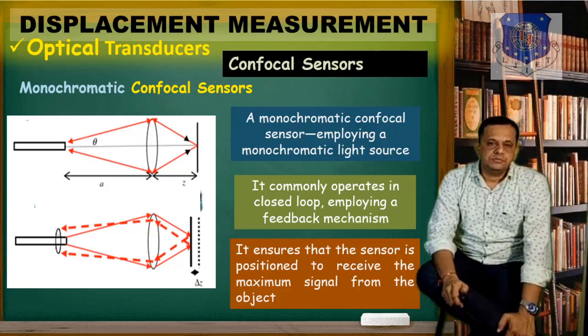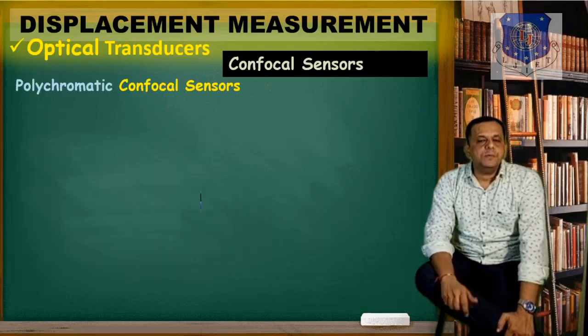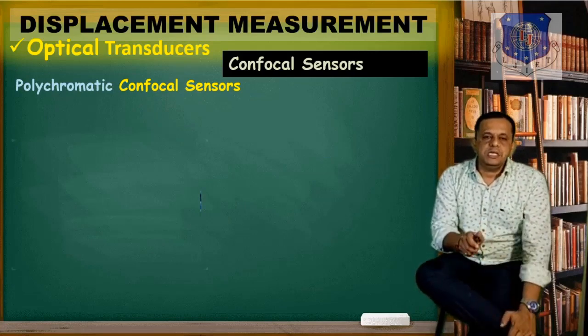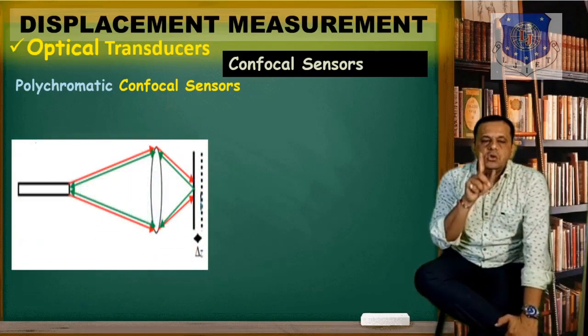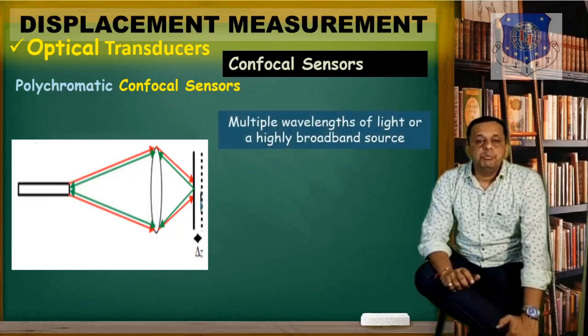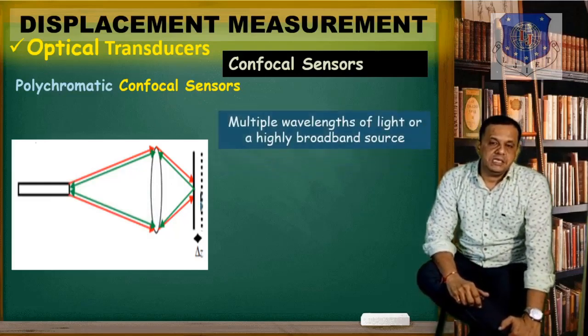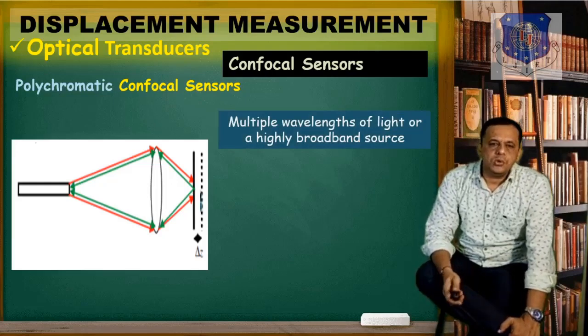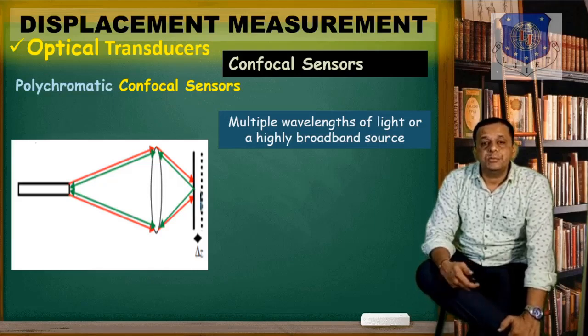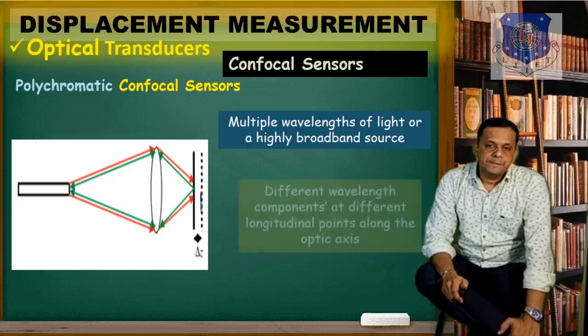In the case of polychromatic, the system is almost the same, but here not just one wavelength, multiple wavelengths of light are used, and I say a highly broadband source is used here. We are using red and green, both colors shown here to indicate the multiple wavelengths.